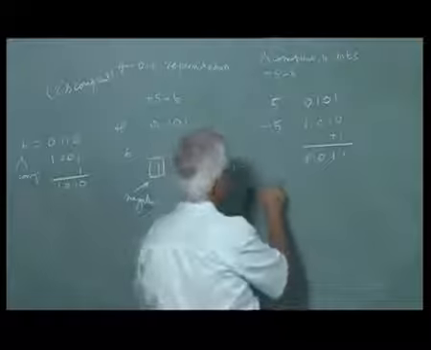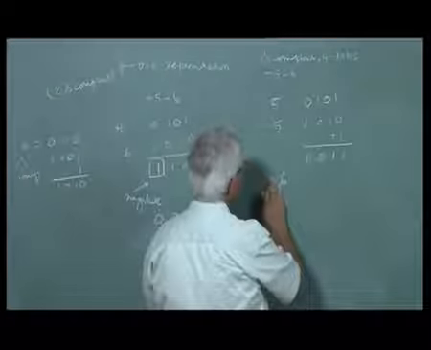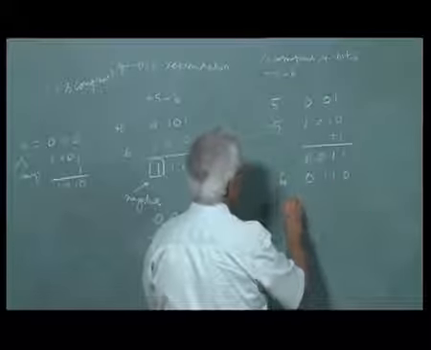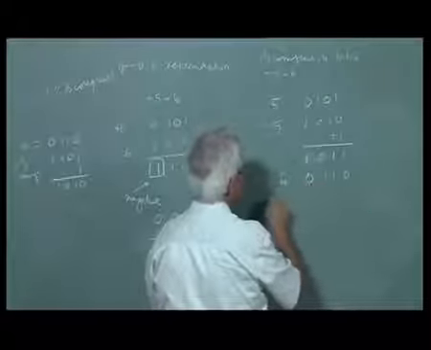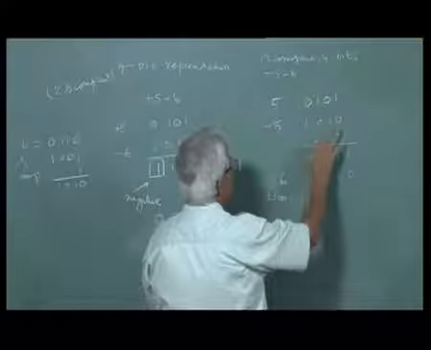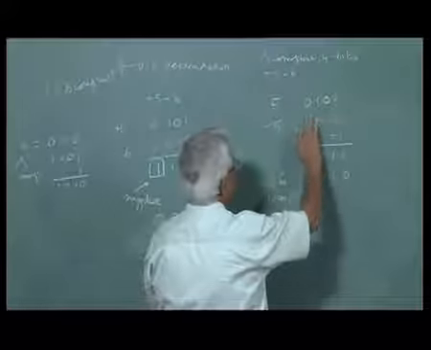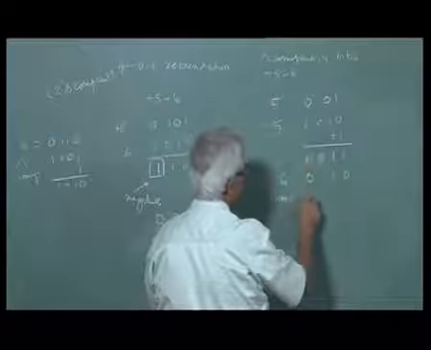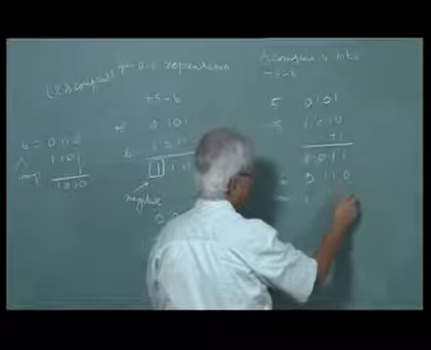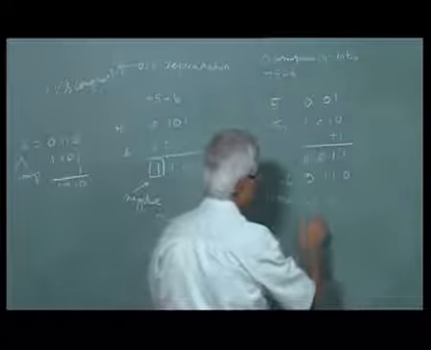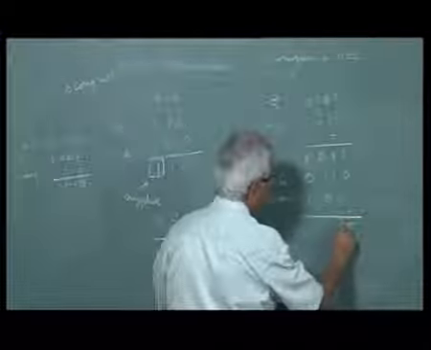Minus 6. First I will test what the 6 is. 6 is 0, 1, 1, 0. Invert it, that means the 1's complement. I don't want to put a 1 as a minus here. I'll put the minus here, so here also I'll put 1 as the minus sign. And this is 1, 0, 0, 1. Add 1, and it is 1, 0, 1, 0.